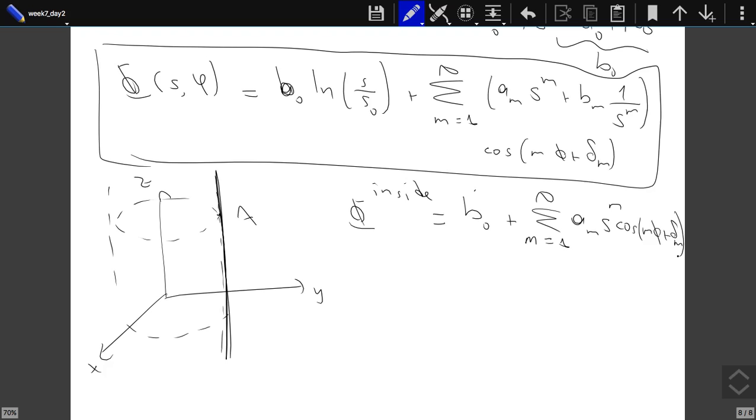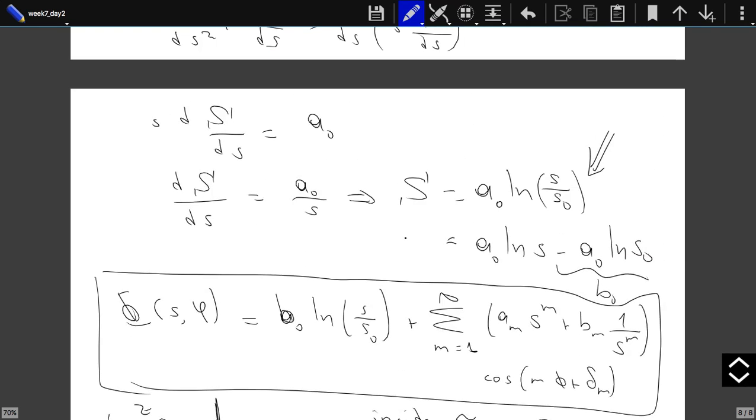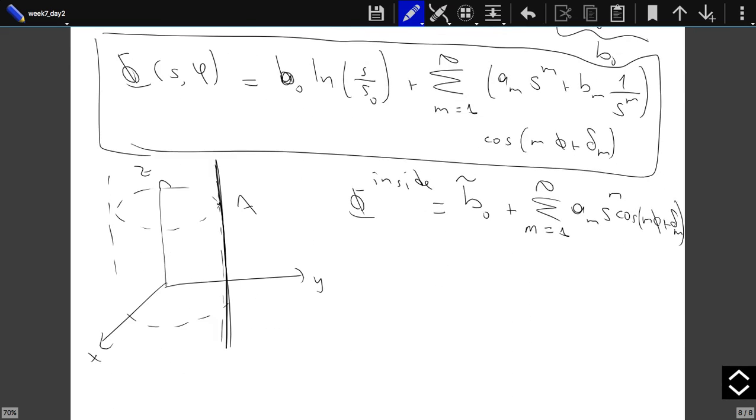Well, let me put a tilde if you like. In a sense, right, but I don't know what S0 is. B0 times logarithm of S0 can be finite. Well, that is the nice thing about this form over here. The first A0 logarithm of S term has to be 0, not the other one, to be finite. So this is my potential inside.